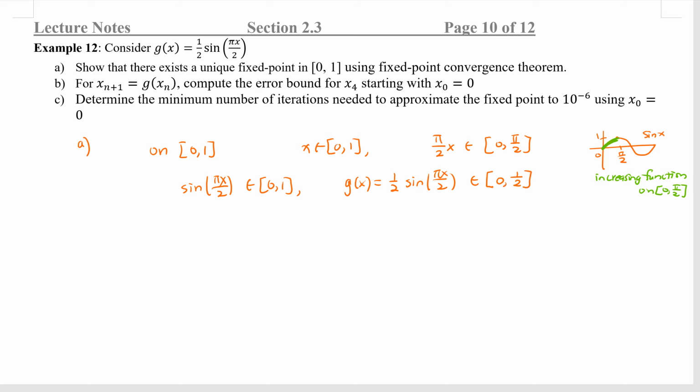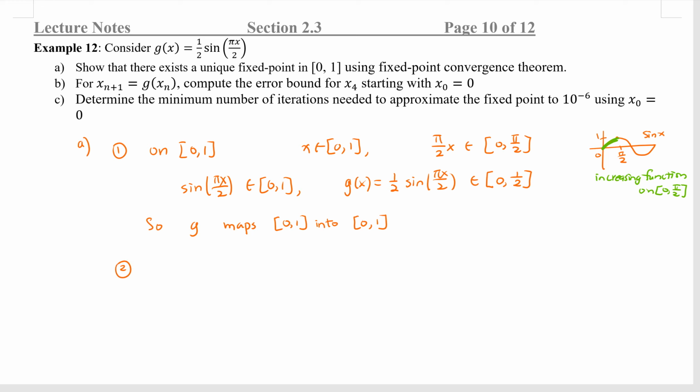So far, so good, everybody? So that's why we have g maps [0, 1] into [0, 1]. So far, so good, everybody?